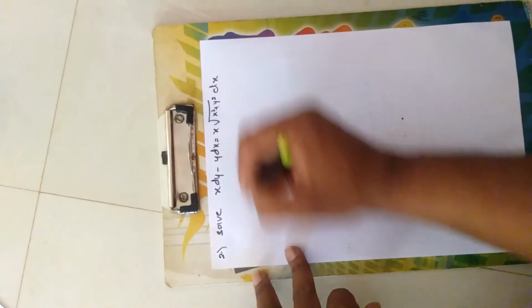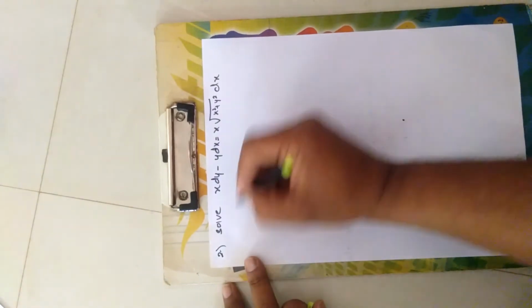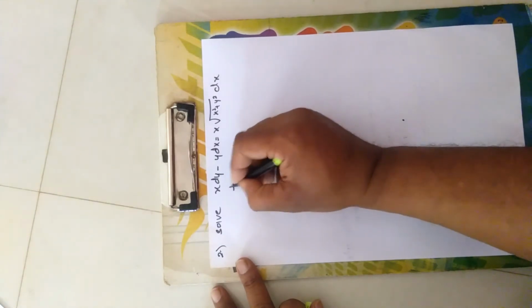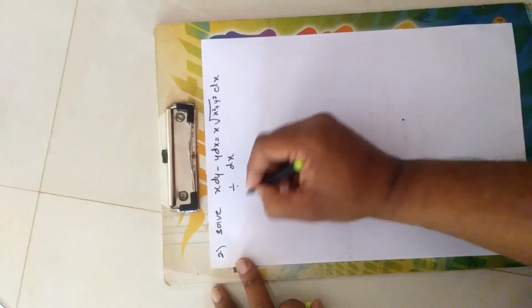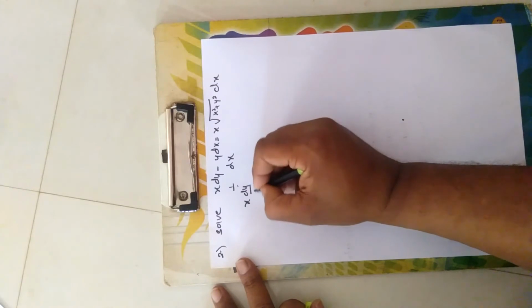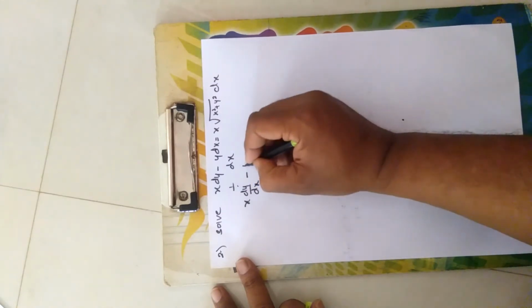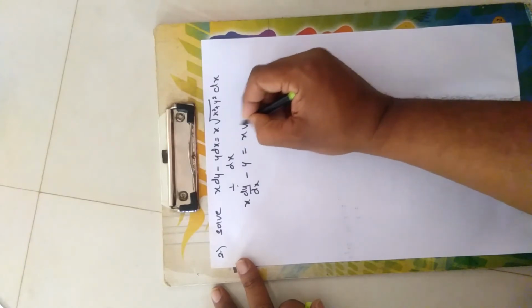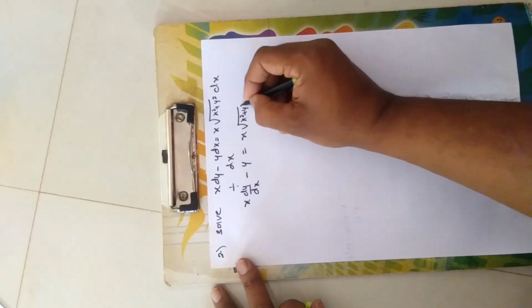First we obtain dy by dx from this equation. Dividing throughout by dx, we get x into dy by dx minus y is equal to x into square root of x square plus y square.